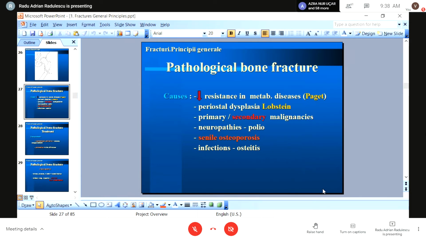So primary bone tumors or metastases will replace the bone substance by tumoral tissue, and the resistance of the bone will be hardly diminished.